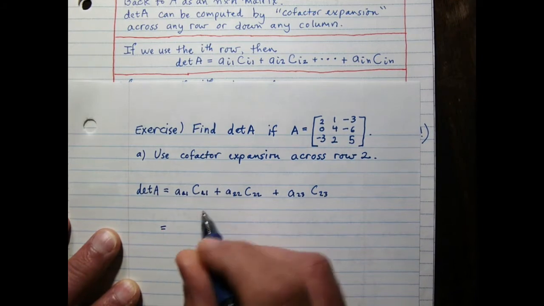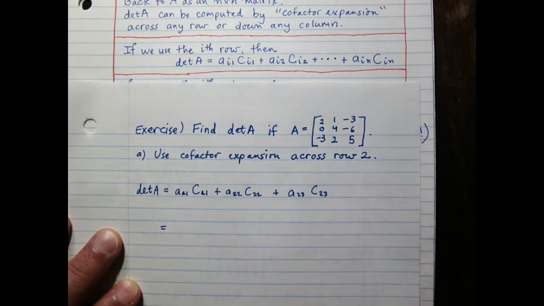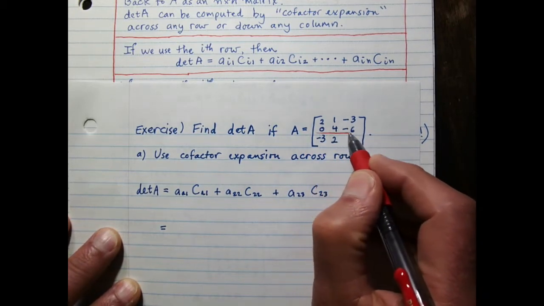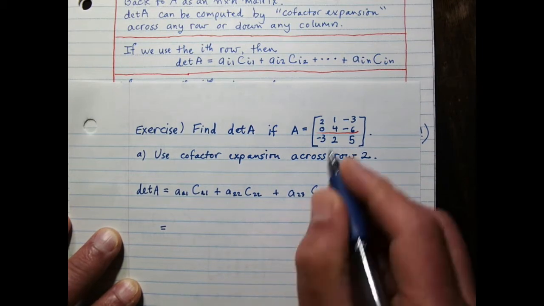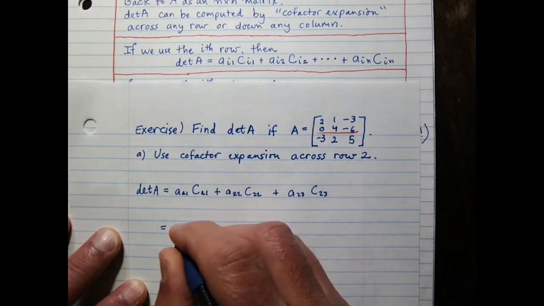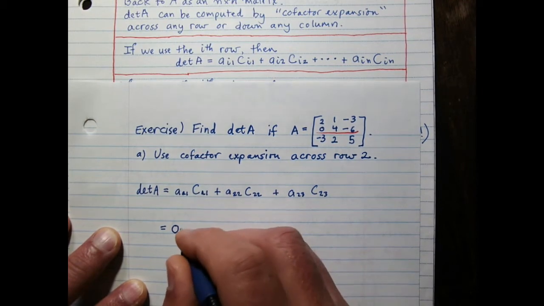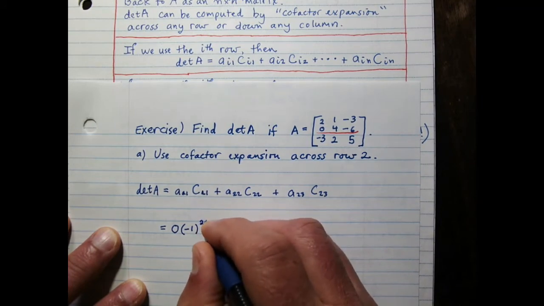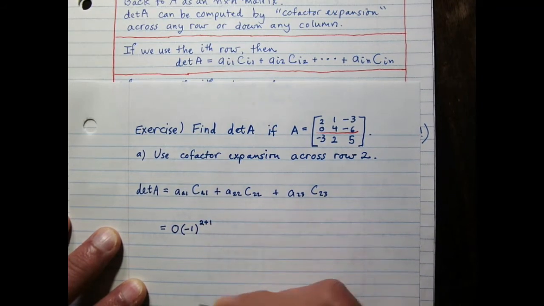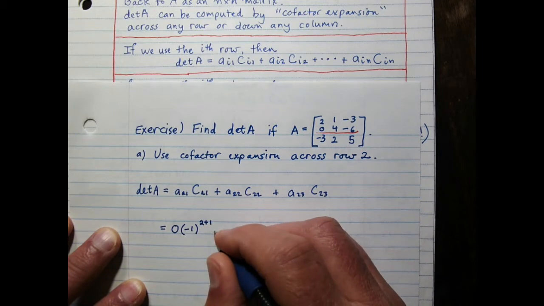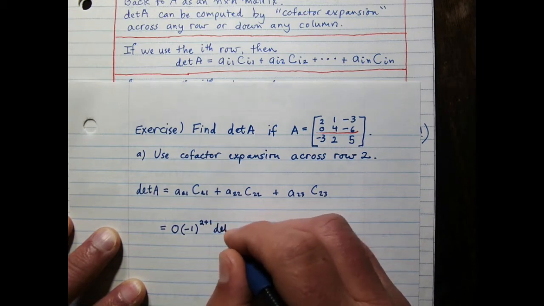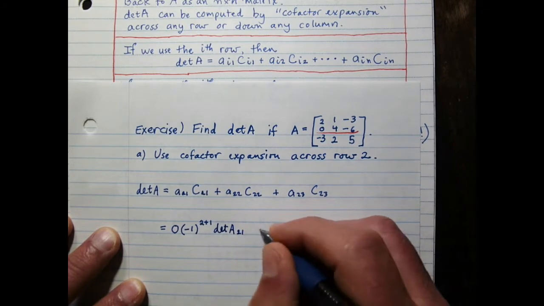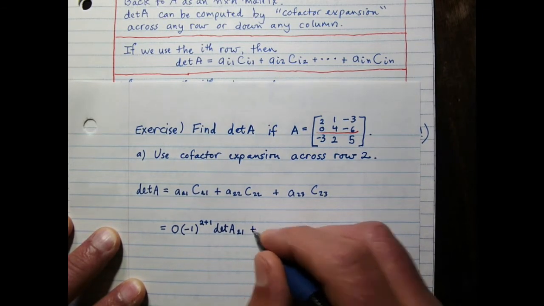Now, you're probably never going to write that formula out. You're just going to focus on that second row and start out by writing that first entry, which is 0, times -1 to the sum of the two subscripts, times the determinant of A21, plus A22.